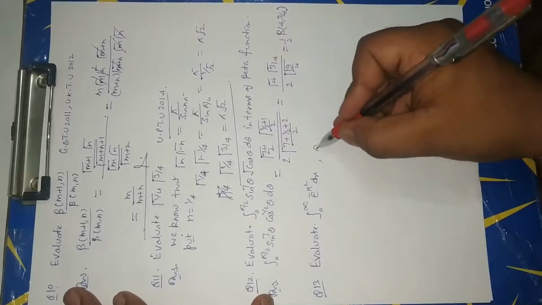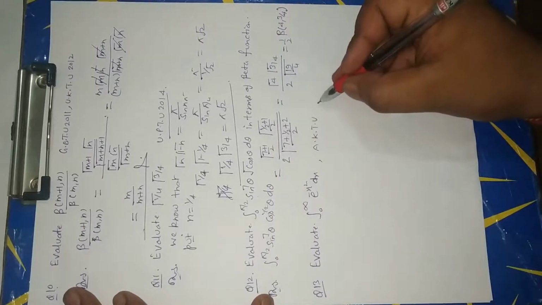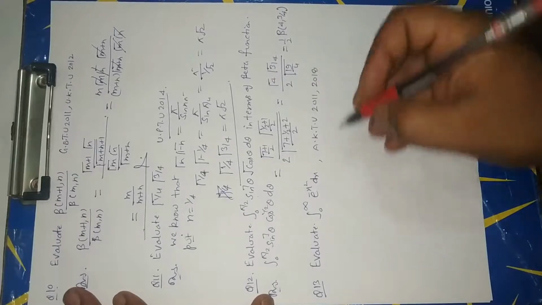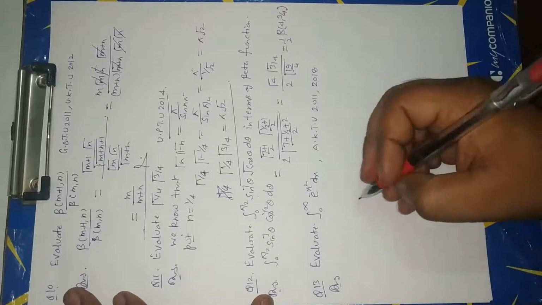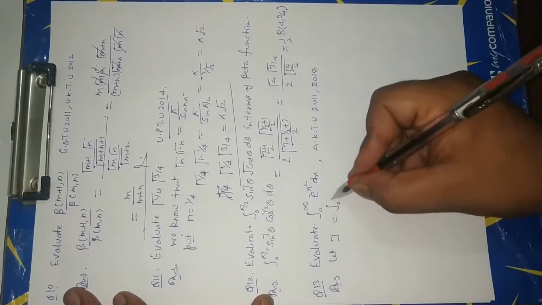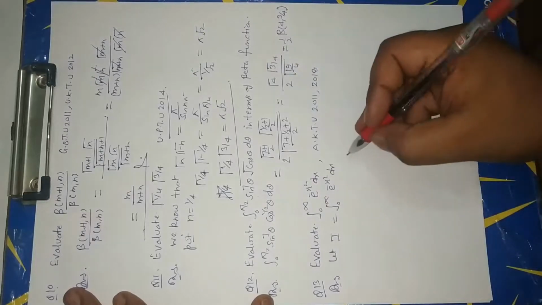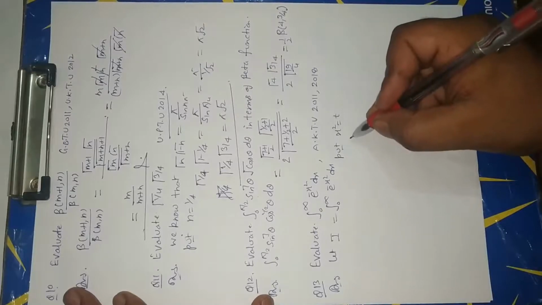This has come in AKTU 2011 and 2018. Let I be equal to the integral limit 0 to infinity e to the power minus x square dx. We put x square equal to t.